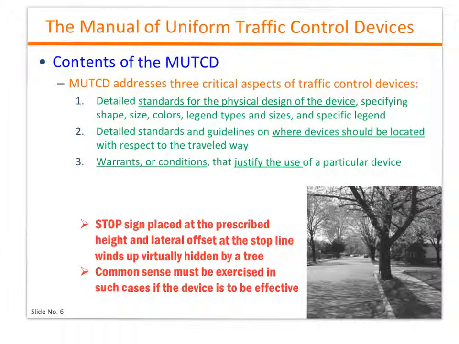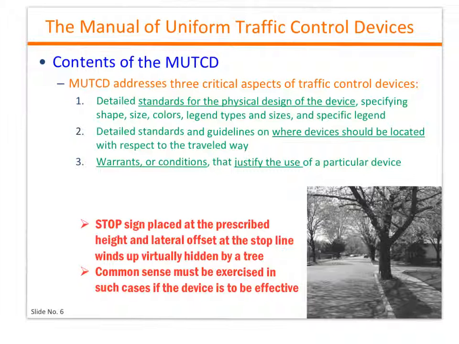So here pretty much everything has to do with the physical design of the device, and that device again can be a sign or a traffic signal or a marking. So it gives the shape. For example, if it's a stop sign, it gives exactly the size, the color, the font size, everything that has to do with the physical design.